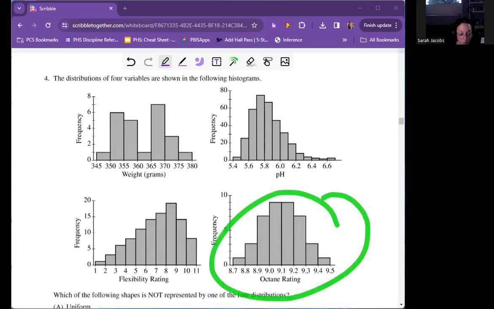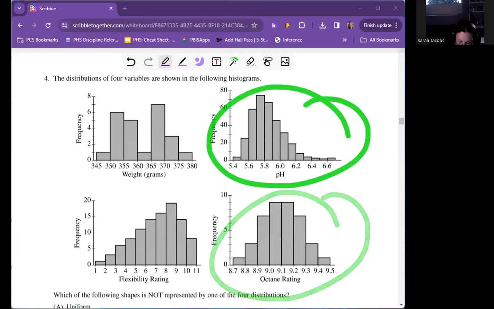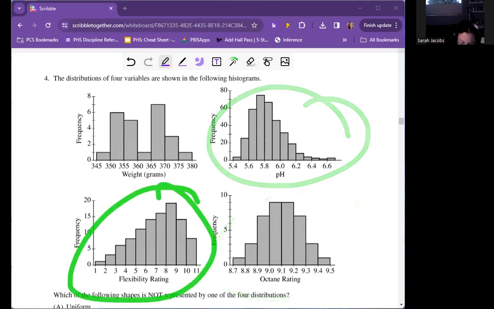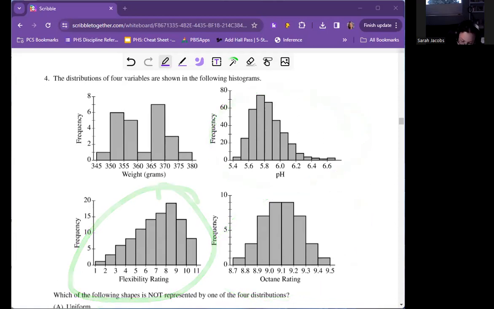This, unimodal. This, unimodal. This, unimodal. We don't have a uniform distribution. A uniform distribution would mean that each bucket or each bin is about the same height. So really, really careful with uniform versus unimodal. All right, so it's not uniform.